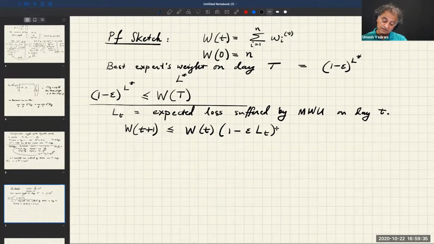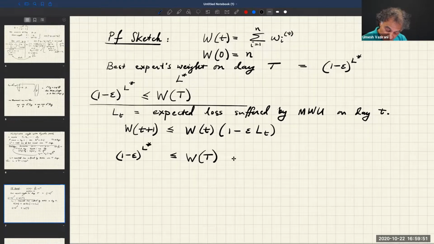Okay. So now armed with these two facts, the total weight on day t is bounded below by (1 minus epsilon) to the power of L star. But you can also bound it above because you start on day 0 with weight n. This is W on day 0. But now the weight on every successive day drops by a factor of 1 minus epsilon times L sub t.